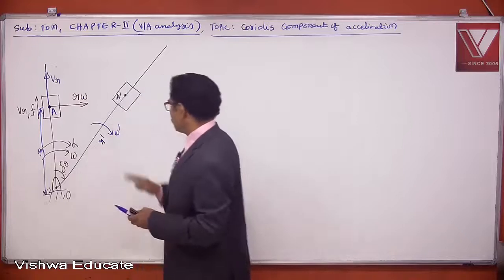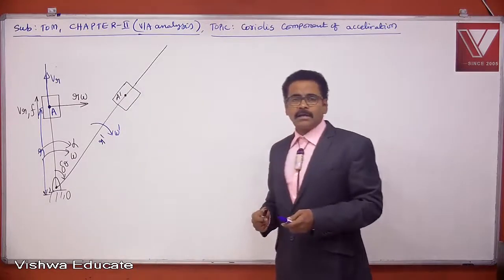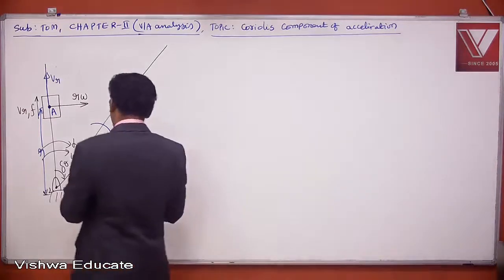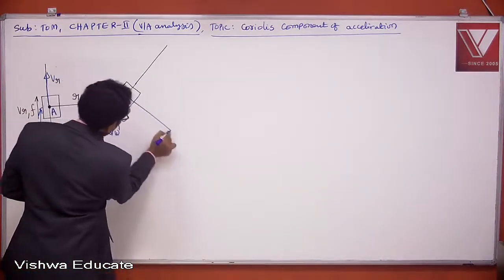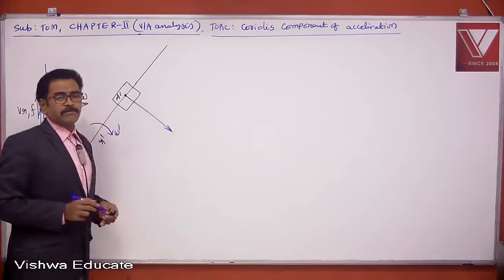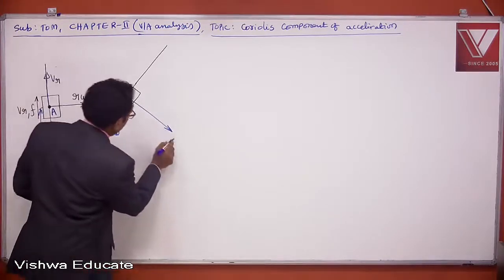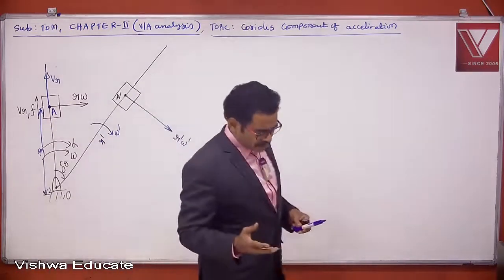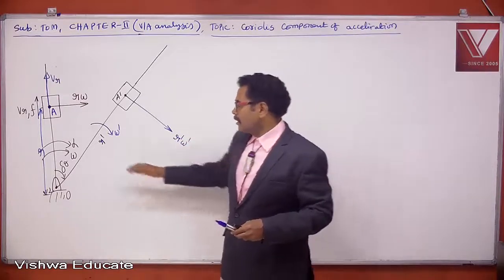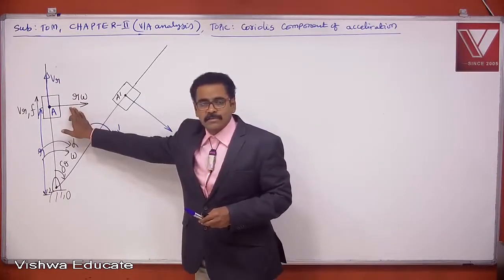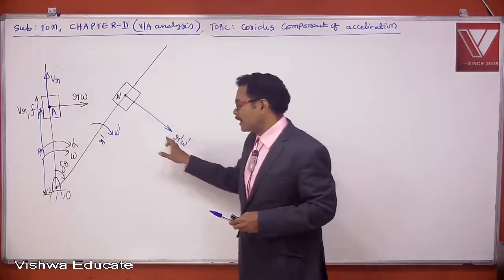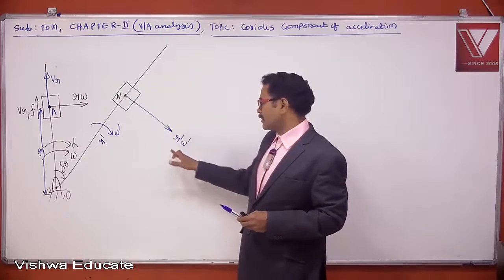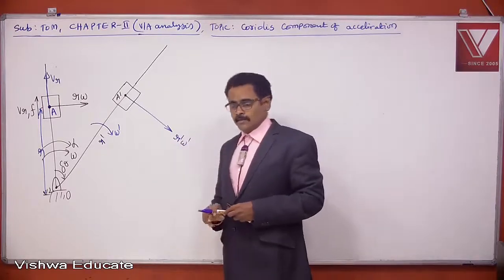Here point A dash again experiences two velocities. What are those velocities? The tangential velocity, which is always perpendicular to the turning link, is r dash omega dash. Initially, the radial distance is r and the angular velocity is omega, so the initial tangential velocity is r omega. But here r is changing and omega is also changing. Now the tangential velocity of point A is r dash omega dash.